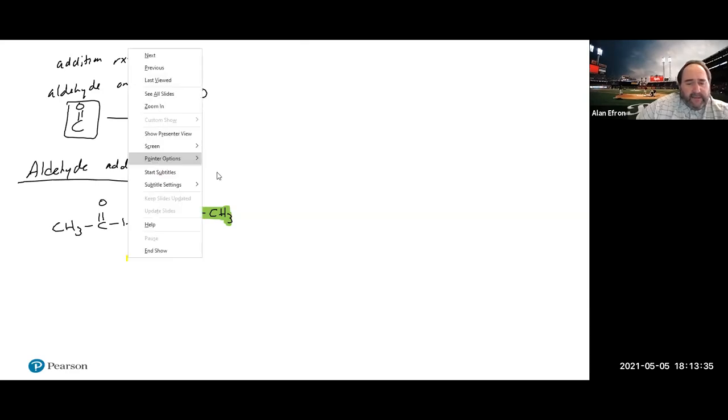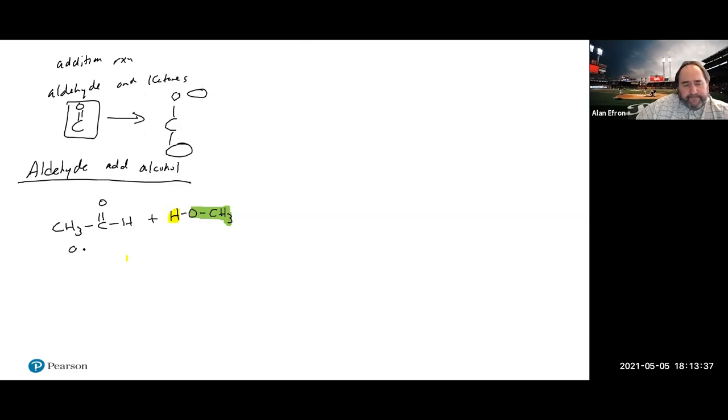So if we take this aldehyde and we take the one alcohol, this thing will open up like this. It's going to make a single bond. So absolutely nothing here will change other than we're going to make a single bond there. And the purpose of making that single bond is to open it up and allow things to add in.